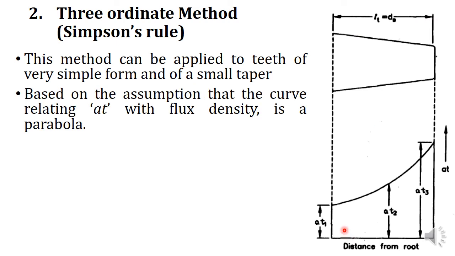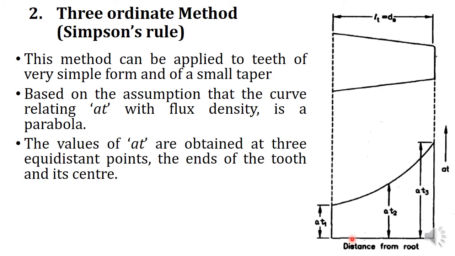This method is based on the assumption that the curve relating AT with flux density, that is the BH curve, is a parabola. The values of AT are obtained at three equidistant points, that is the values of AT at this point and this point, the ends of the tooth, and at its center.